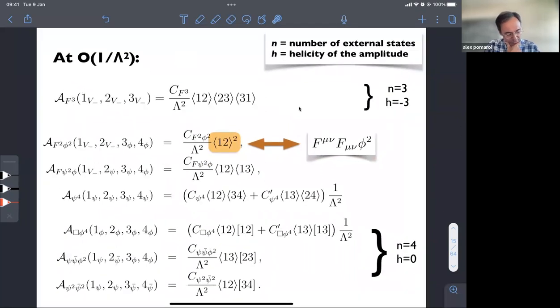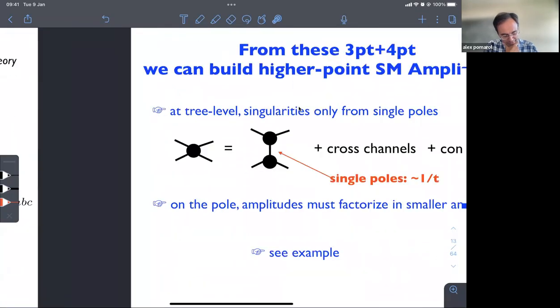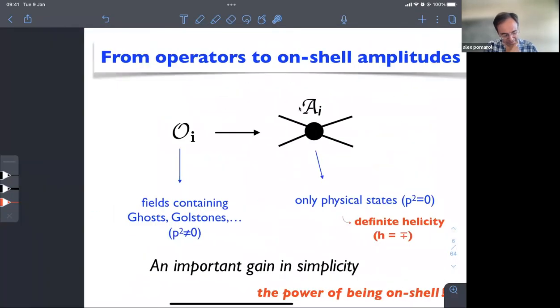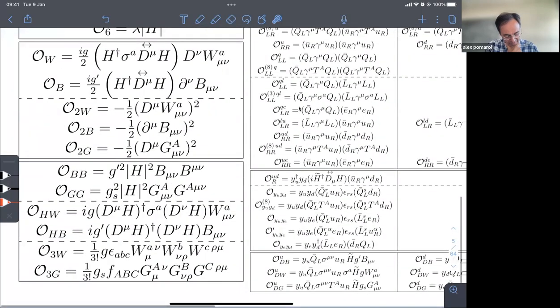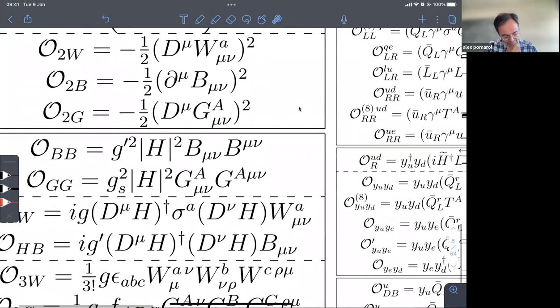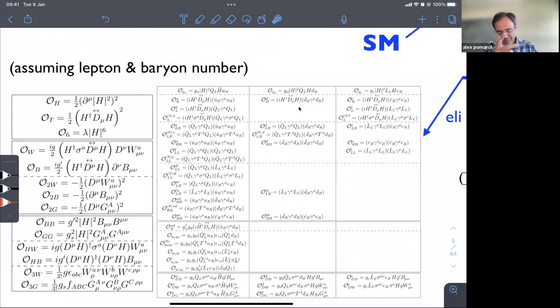If I go back to the dimension 6 operator list, here they are: operators that contain two field strengths, for the B's, the U1s, the gluons, and H squared. So these operators will give you the amplitude.